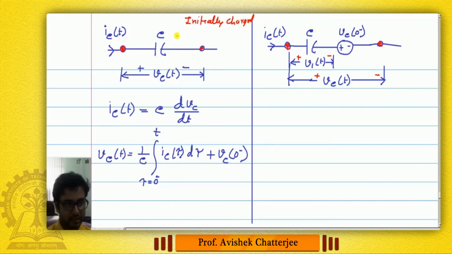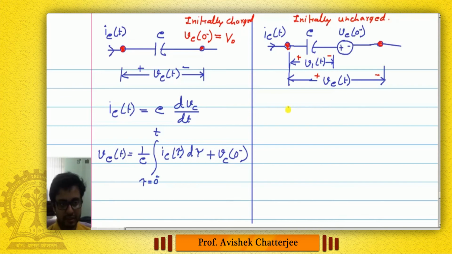That means, say Vc(0-) is non-zero. Suppose this is equal to V0. Here this capacitor is initially uncharged.